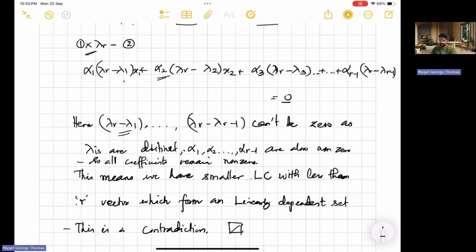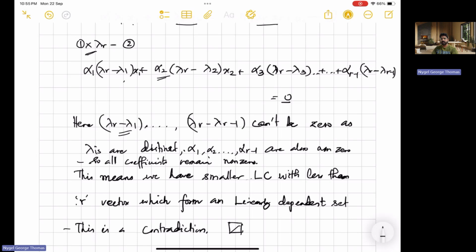Which means that we have a smaller linear combination. Initially we assumed that there are r non-zero coefficients, alpha 1, alpha 2, etc., alpha r. But now we have only r minus 1 coefficients, and even with r minus 1 coefficients we are able to represent a linearly dependent set.